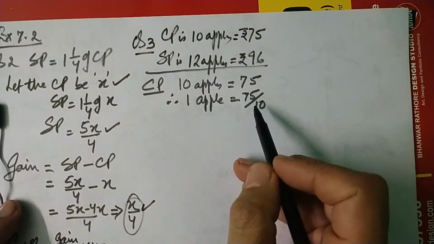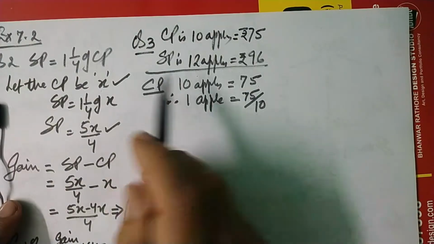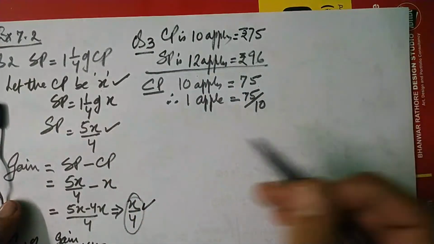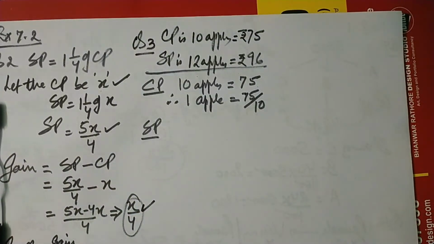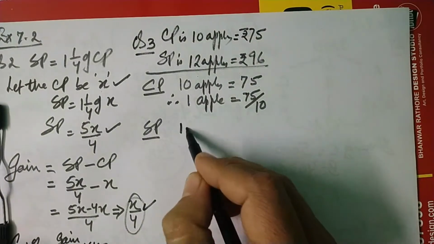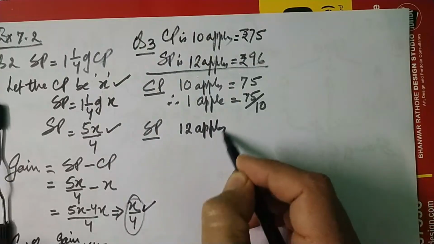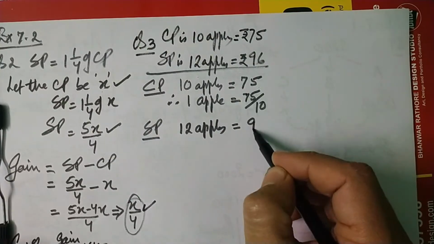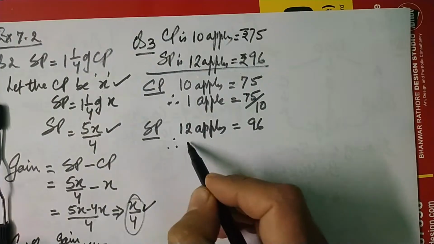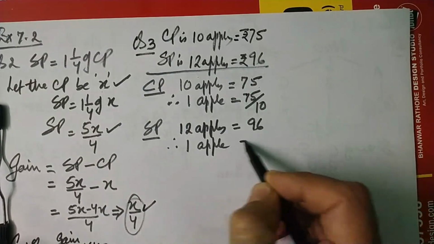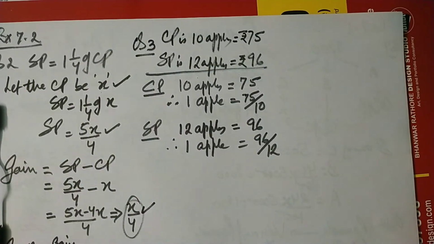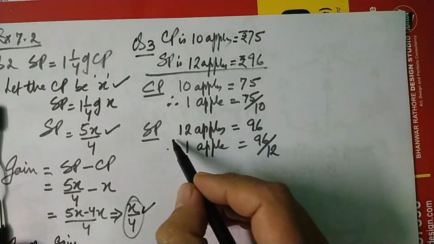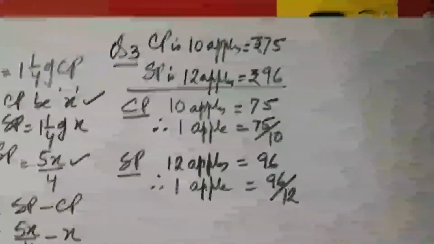Now we will in the same way find the selling price. CP is 10 apples for 75. Selling price is given, 12 apples for 96. Therefore, one apple is for how much? 96 upon 12. We have got both the things now.